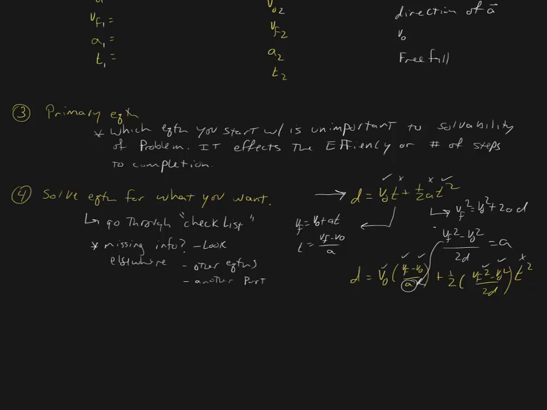And sometimes you just picked a poor starting equation in the first place. Step 3 maybe needs to be repeated. And I'm going to go through some examples where I use all three equations of motion, so that you could see that it doesn't matter what the starting point is, but the amount of work it takes to get through to the end, that does matter.